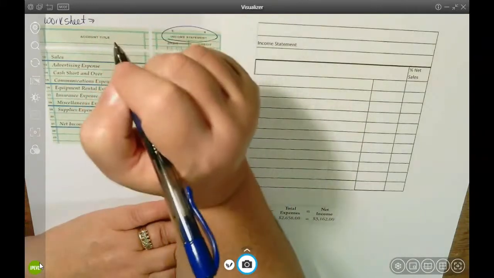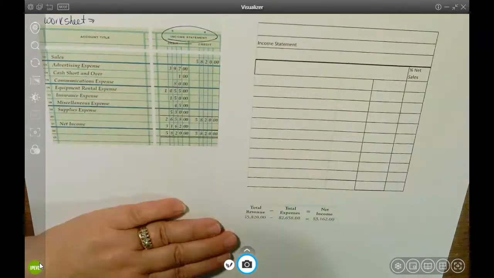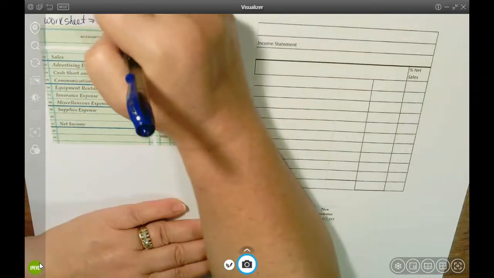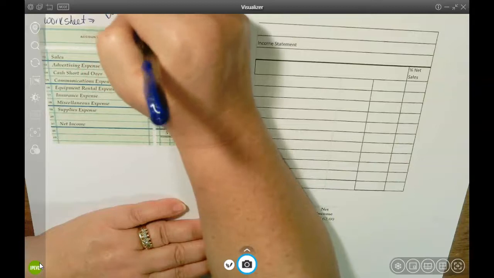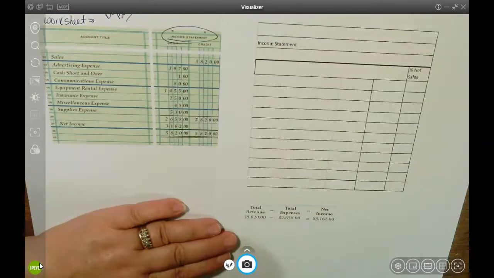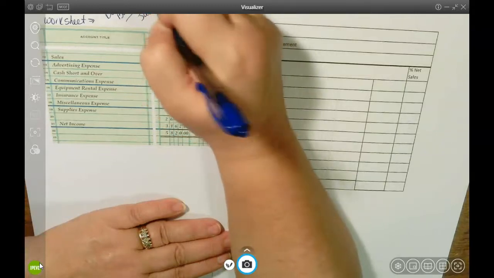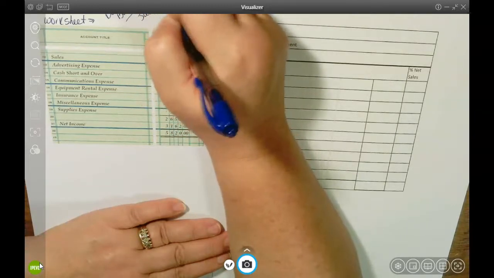We are going to call this business Bob's Burgers. We are doing the accounting for January 30th, 2021.